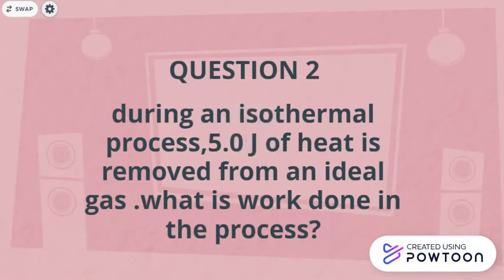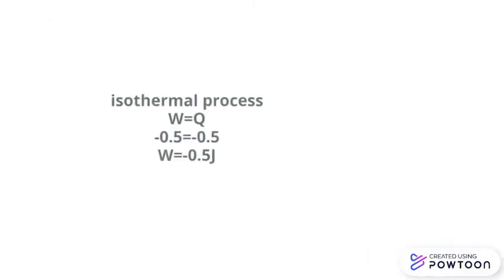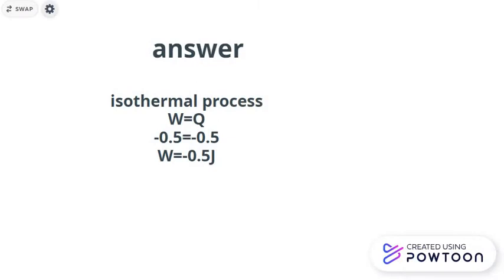Let's move to question number 2. The question asks, during an isothermal process, 0.5 joule of heat is removed from an ideal gas. What is the work done in the process? The answer is, in an isothermal process, the work done is equal to the heat. That means our heat is negative 0.5.